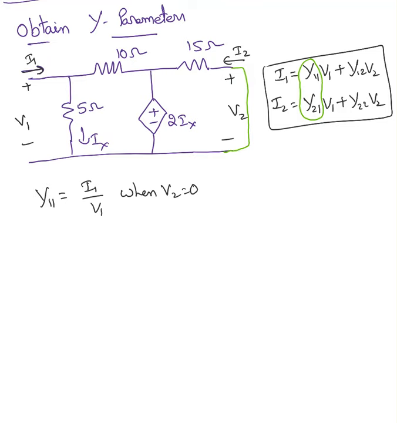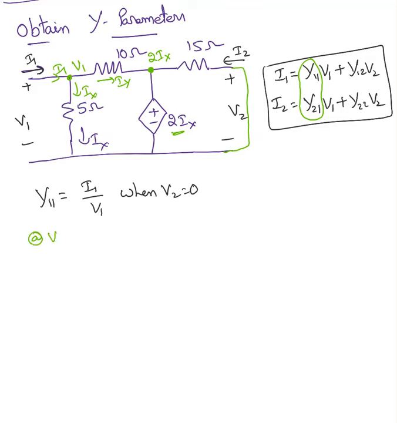So here I'm going to say, here is my I1 current coming in, Ix is going down, and here is my Iy. And the voltage at this point, it's a current dependent voltage source, I can take that as 2Ix. Okay, voltage is 2Ix. Now the voltage at this point must be V1.